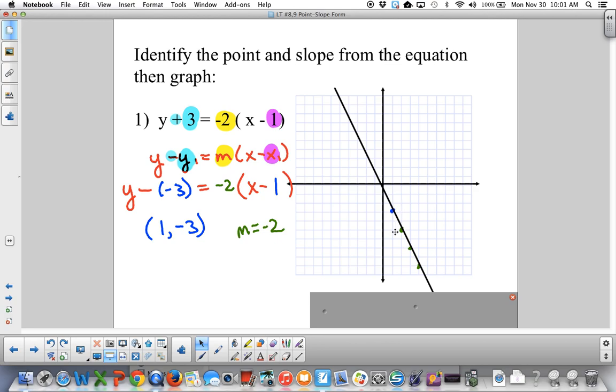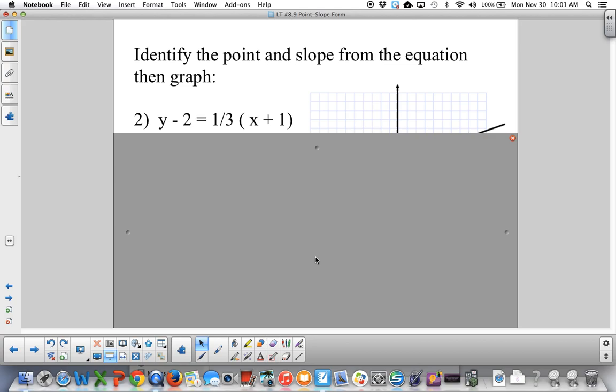Then we use the slope of down 2 to the right 1, down 2 to the right 1 to get more points. That's how you graph your line. So given an equation that's in point-slope form, extract out your point, extract out your slope, plot the point, and use your slope to get more points on the graph.